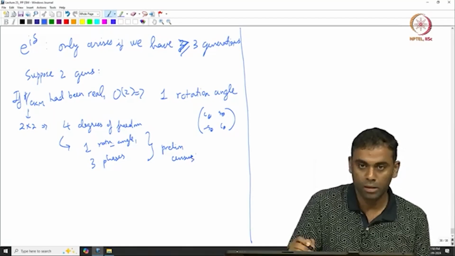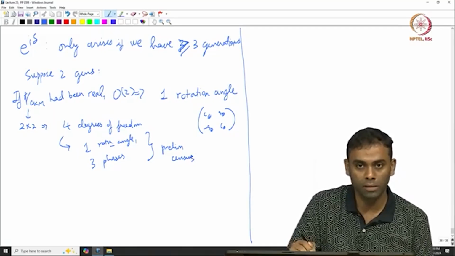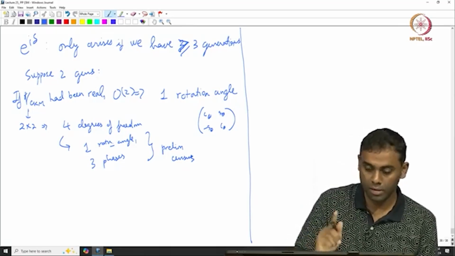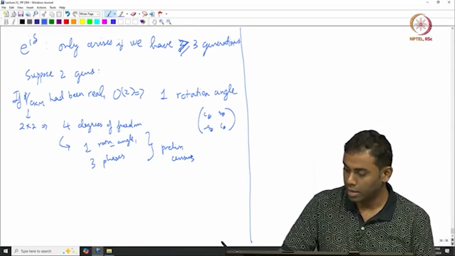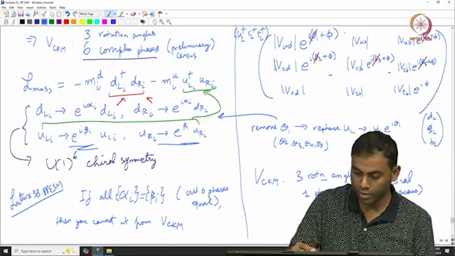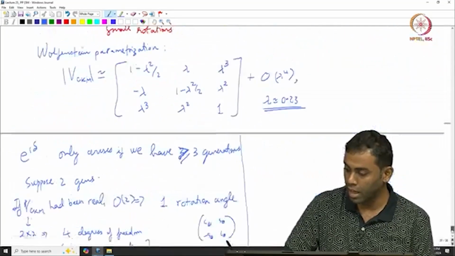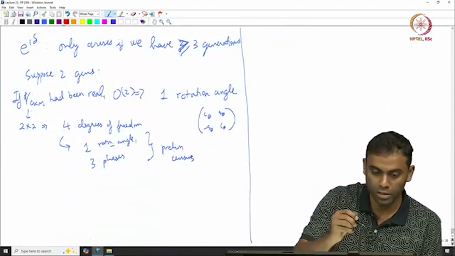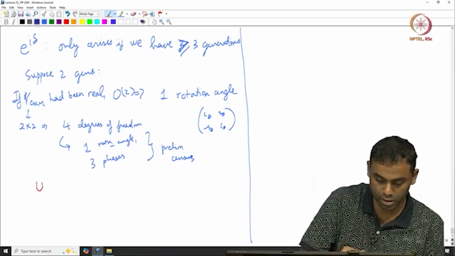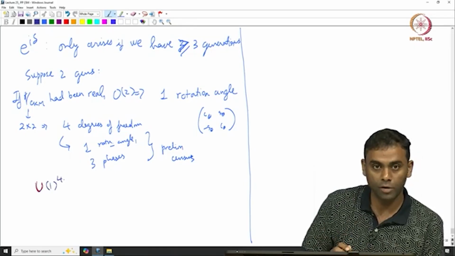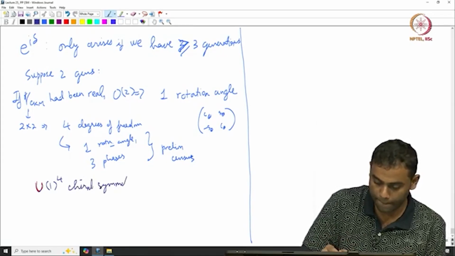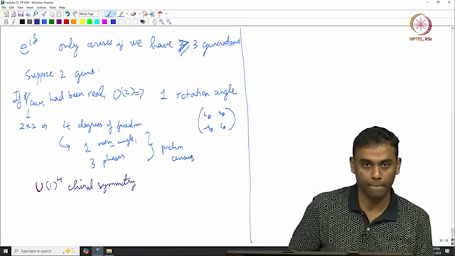Now, once again I have to go and use my chiral symmetry, but now I have 2 generations, and that means instead of a U(1)^6 chiral symmetry, I make use of exactly this, but with 2 generations. I have freedom to rephase 4 fields. In other words, I have a U(1)^4 chiral symmetry.